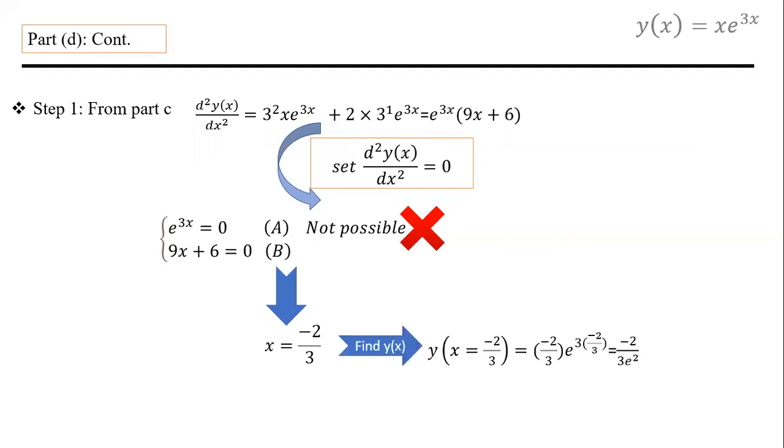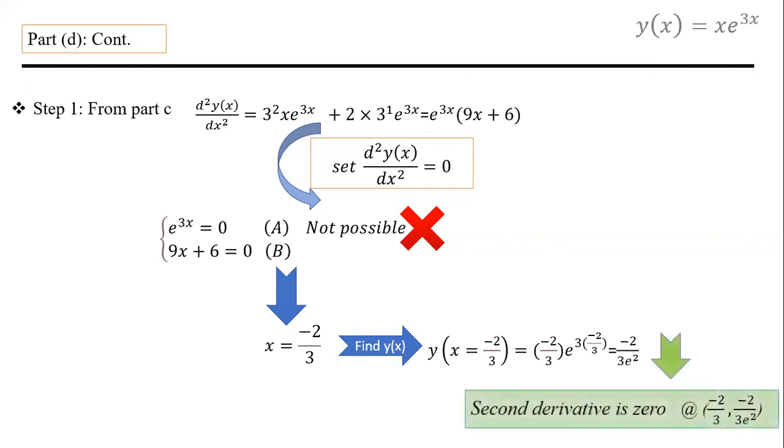We can find the y coordinate by substituting the x coordinate into y equals x e to the power of 3x, and then we find y. Now we need to check the sign around this point. The second derivative is 0 at this point.